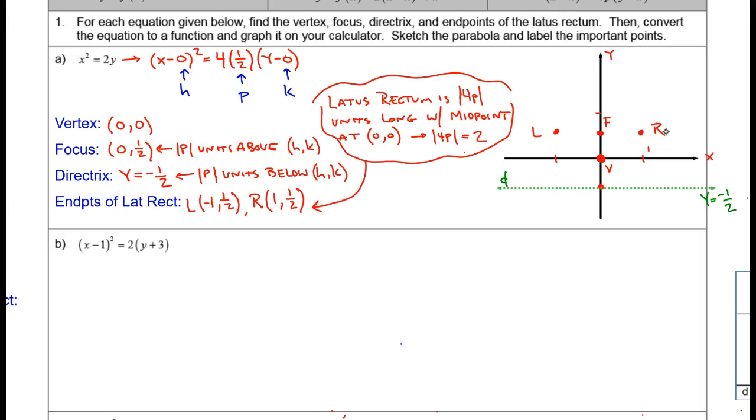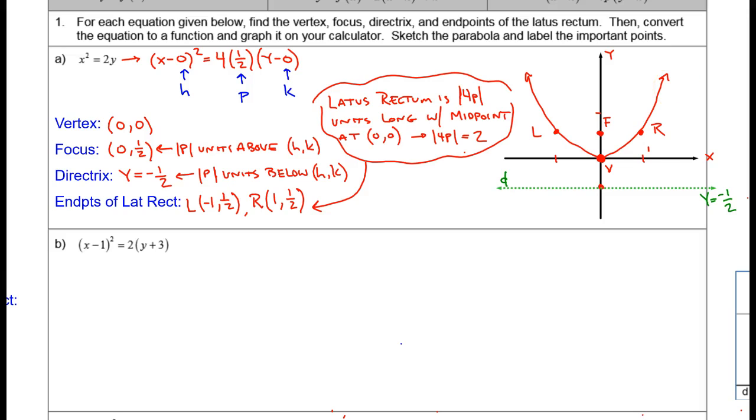Now, keep in mind that the parabola actually goes through those left and right endpoints and through the vertex. So that gives you a general indication of what the shape is going to look like. There. So that's a sketch of our parabola. We've identified all the important features.